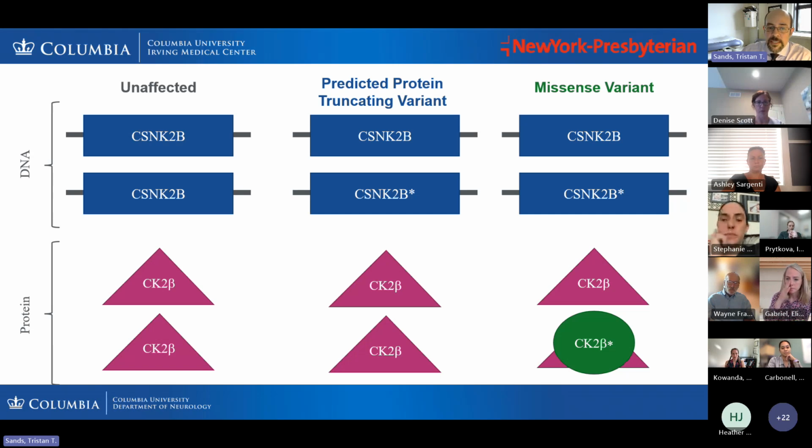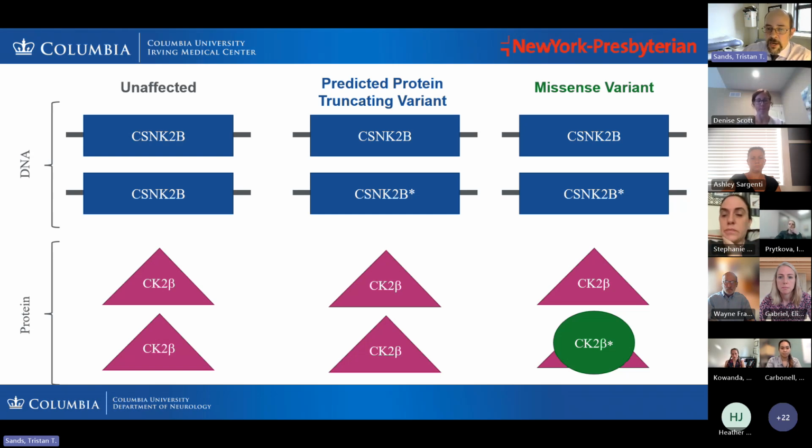If a person has a type of variant where the expression of one of the copies of CSNK2B is affected, so that it's not being made from one of those copies, then you wind up with half as much. That's a condition called haploinsufficiency, and we know that that's one type of variant that can cause symptoms in CSNK2B.